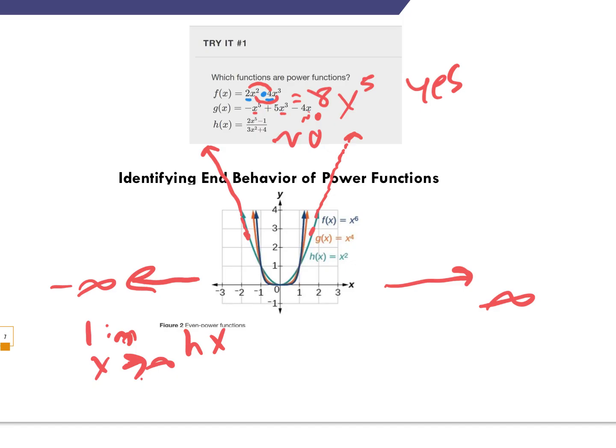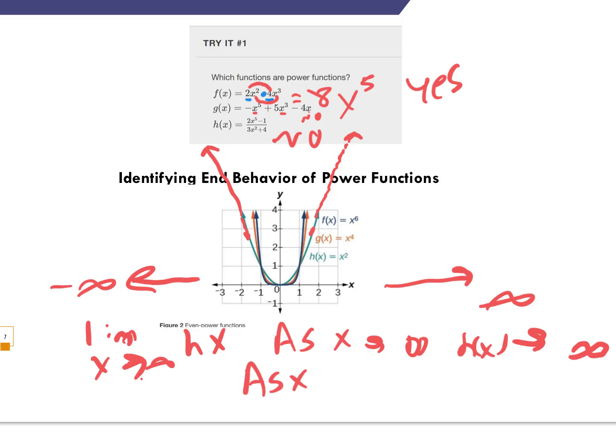How do we write it? We'll say as x approaches infinity, h of x approaches, how high is it going is what we're asking. It approaches infinity as we go to the right forever. As x goes to the right forever, maybe that's even better to write.